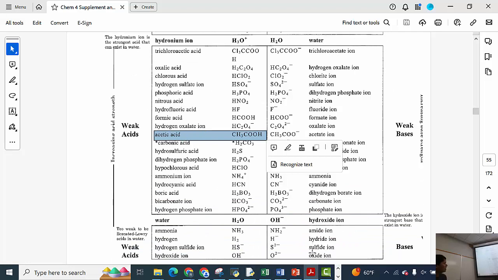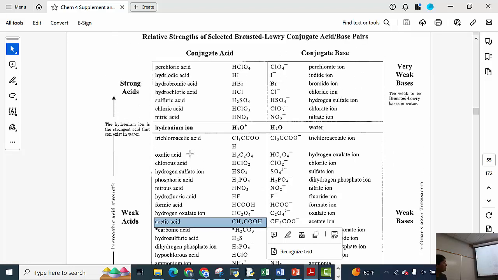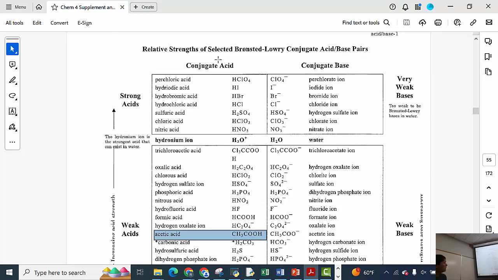Do we see acetic acid? On the left side are the acids. On the right side are the bases. And the relationship is dictated by the conjugate relationship. Its conjugate relationship is a seesaw relationship. If one side is strong, the other side's weak.